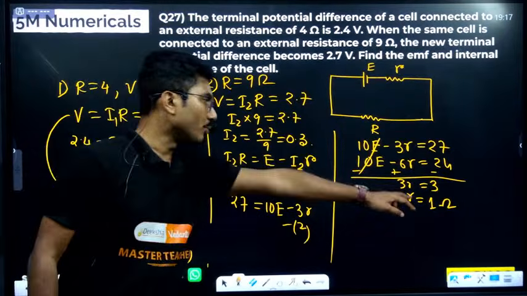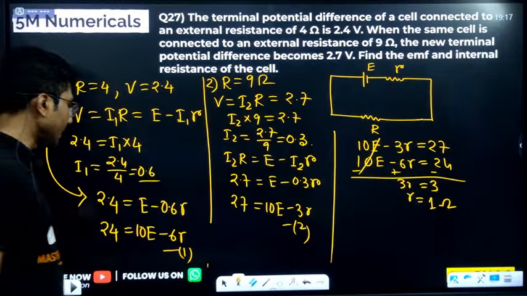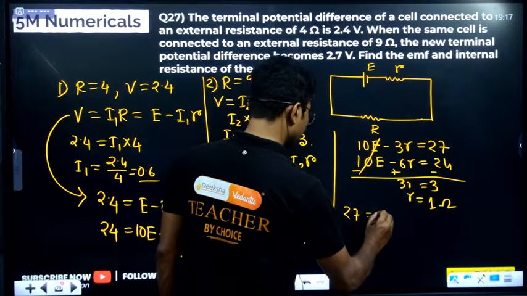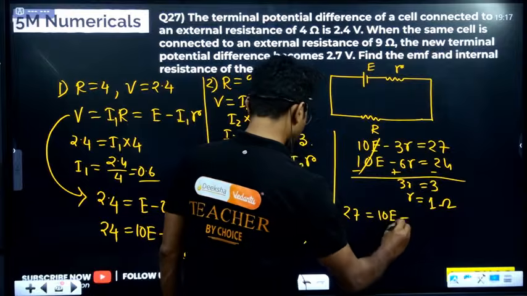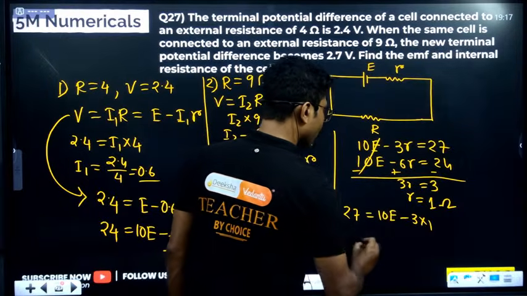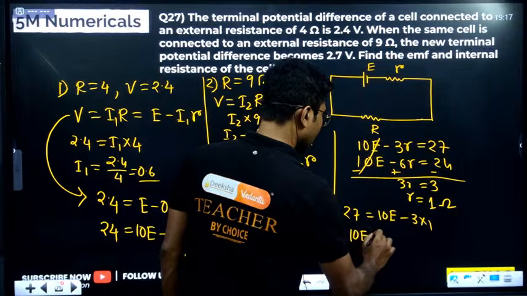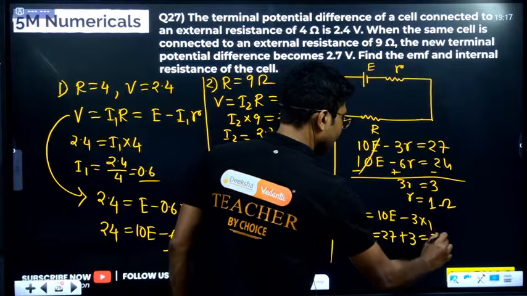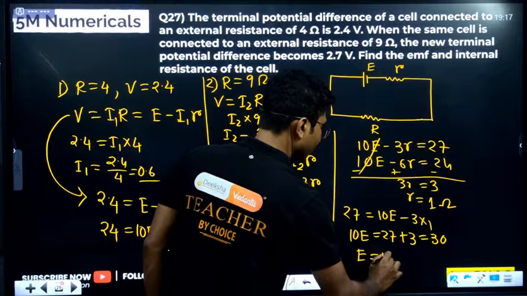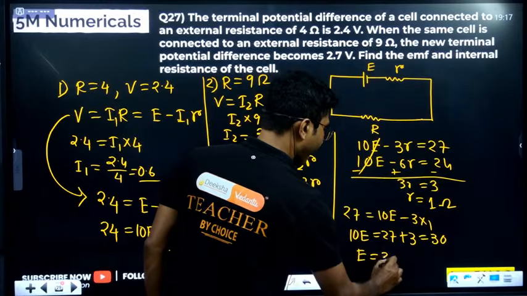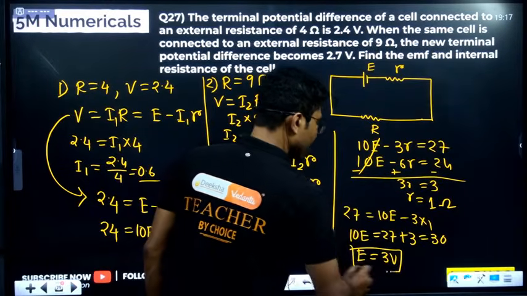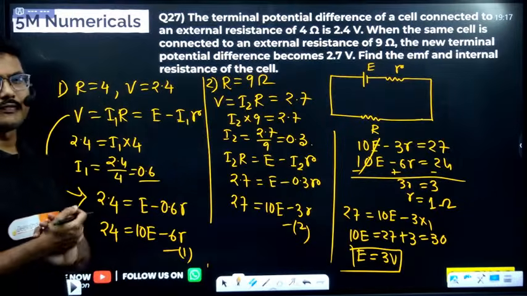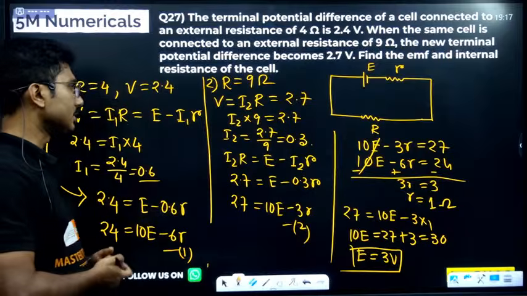Now use this 1 ohm in any one of these equations to calculate E. So let's take equation 2: 27 equals 10E minus 3 into 1, or 10E equals 27 plus 3, that is 30, that is E equals 3 volt. So 3 volt and 1 ohm is the answer. This is from, I think, the 2025 final board exam. This question was asked.